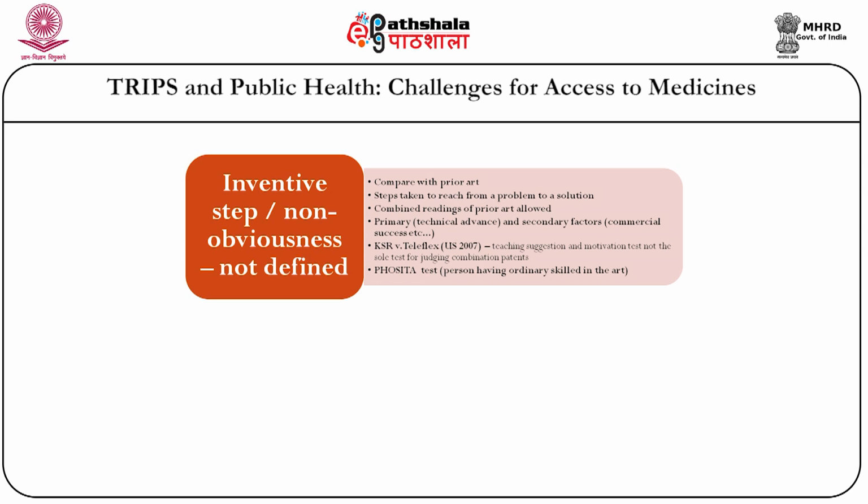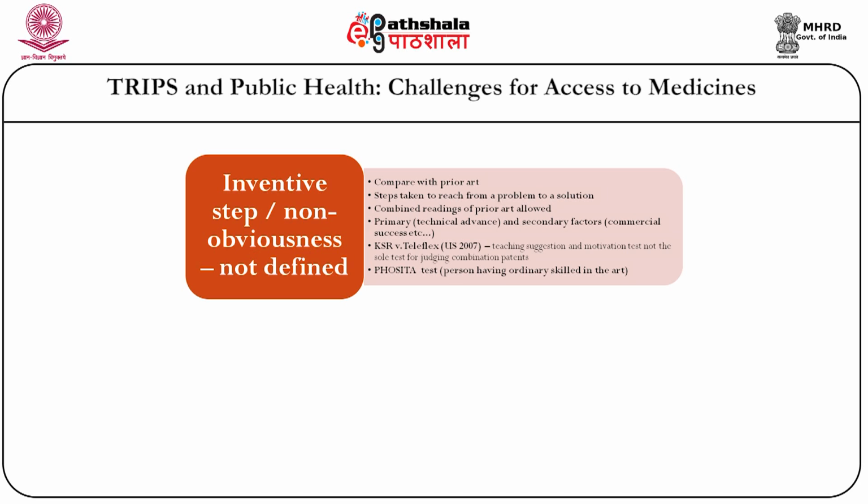So these steps in themselves must be inventive. So basically inventive step has to generally deal with steps taken from a problem to a solution. Primarily they involve technical advance. Secondarily, they may involve other circumstances like commercial success of the product.